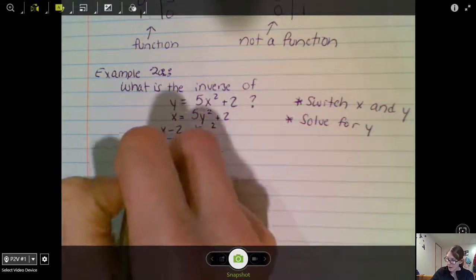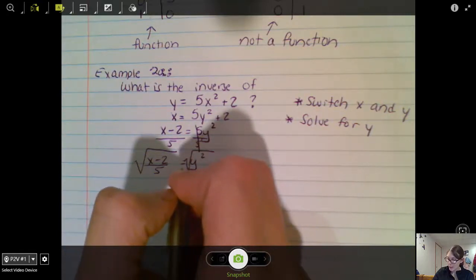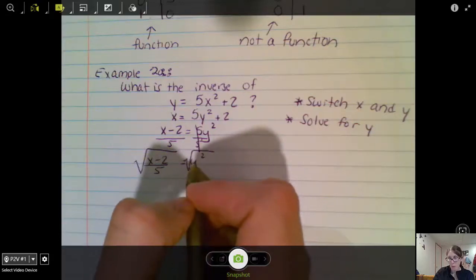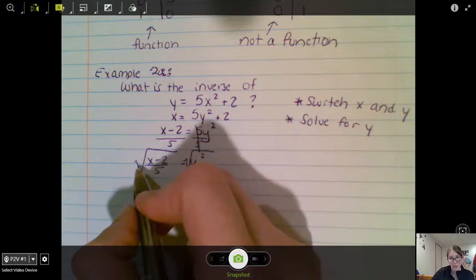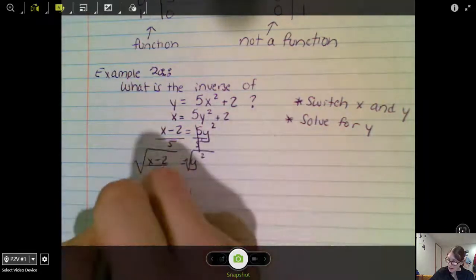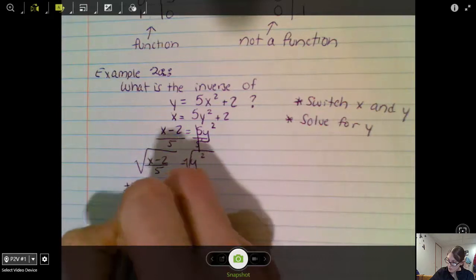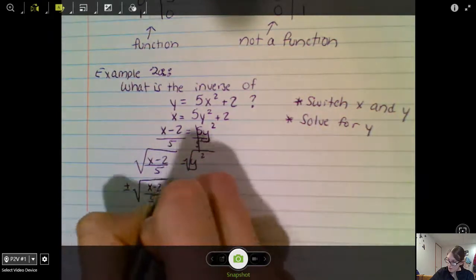And once we're there, in order to get that y by itself, to undo that y squared power, we need to square root. So y equals, and don't forget, since we had to take the square root of both sides, it's plus or minus the square root of x minus 2 over 5.